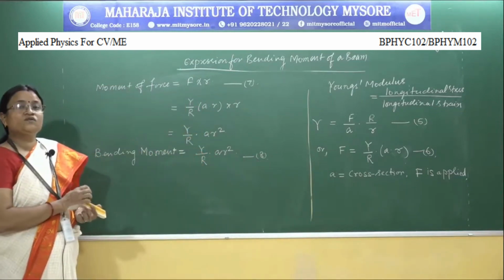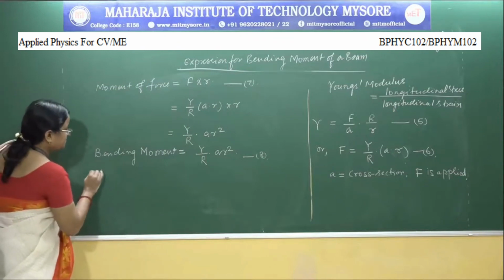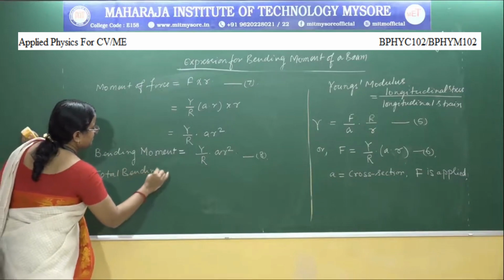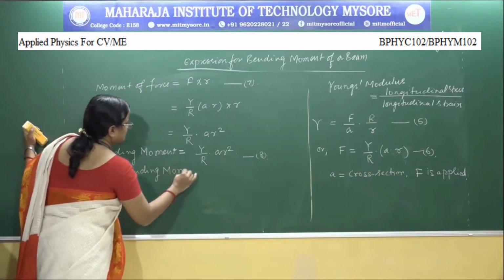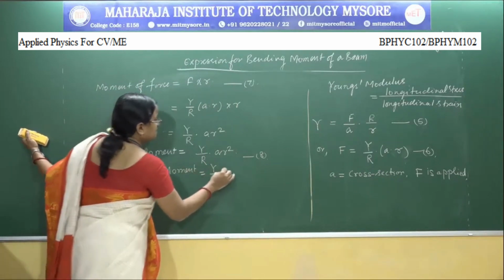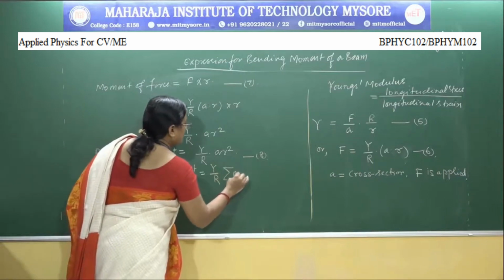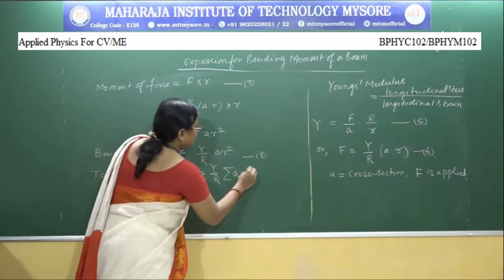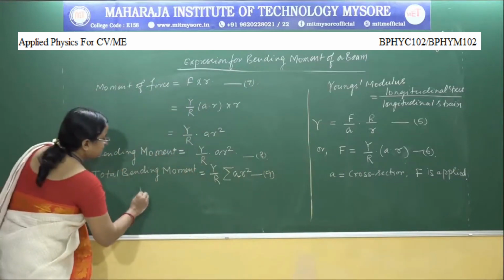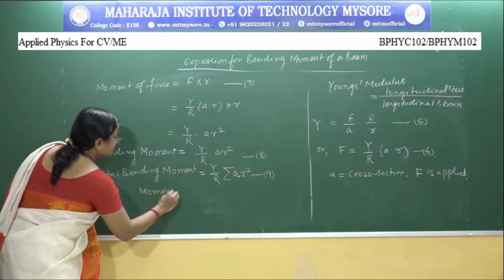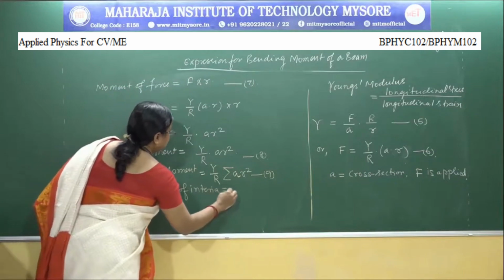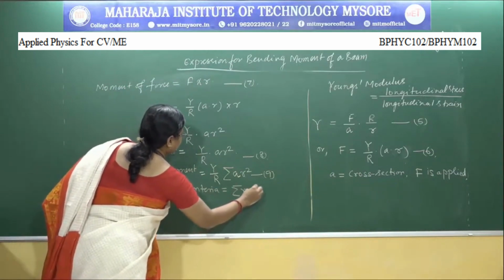If we calculate the total bending moment of the beam, then it will be Y by R and the summation of all such cross sections where the force is applied. That moment of inertia is equal to sigma m r square.